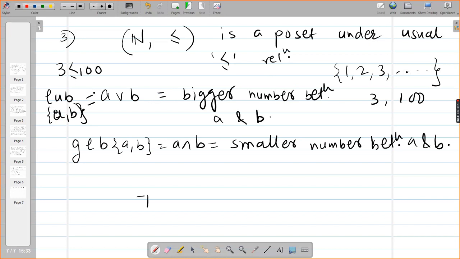This is a toset, a totally ordered set. Otherwise you can always find LUB and GLB from the Hasse diagram. These are the standard examples.